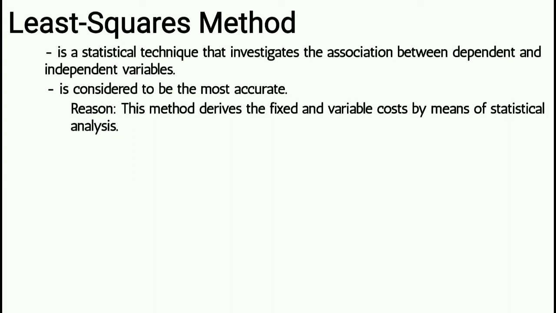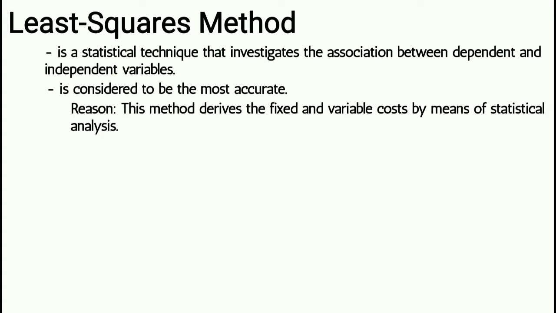Unlike sa high-low method na kung saan 2 points lang ang ginagamit sa computation, the highest point and the lowest point. But in this method, gagamitin natin lahat ng given na data.